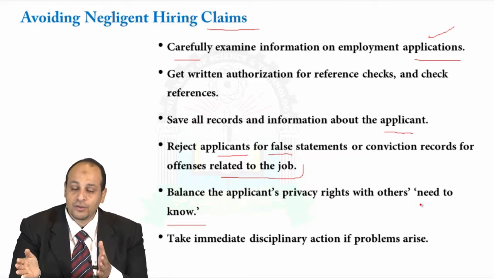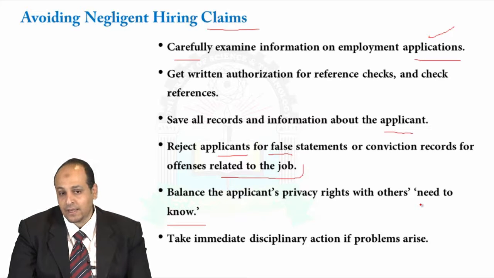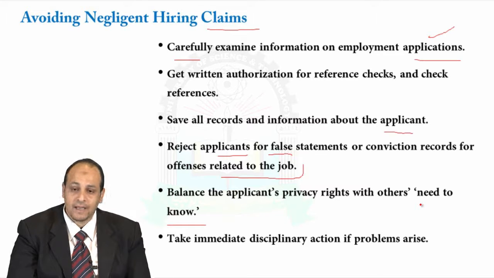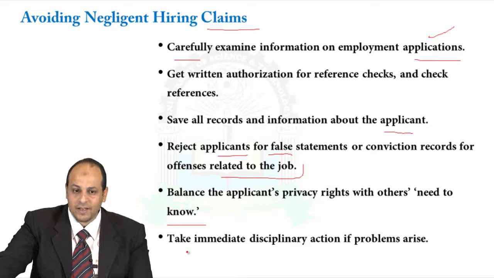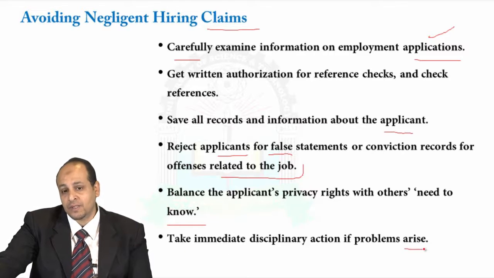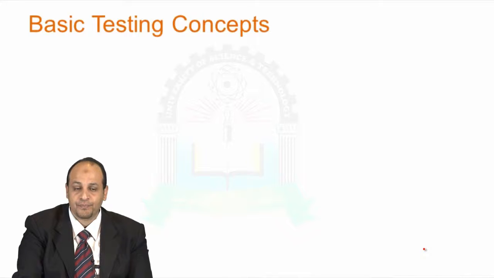However, we should also avoid irrelevant information that can violate the rights of individuals and can be considered as privacy rights. Finally, take immediate disciplinary action if problems arise. Now these are issues that are of paramount importance.